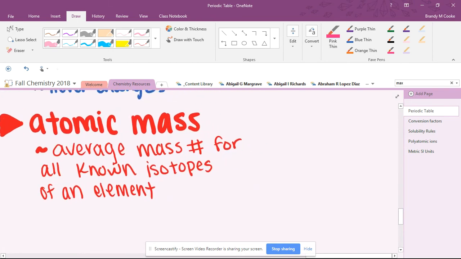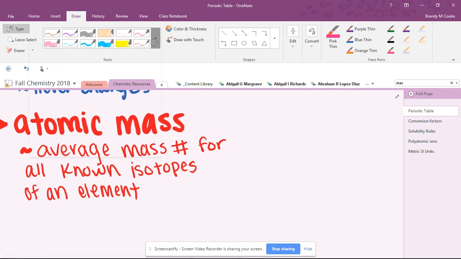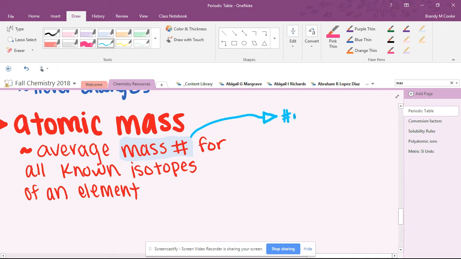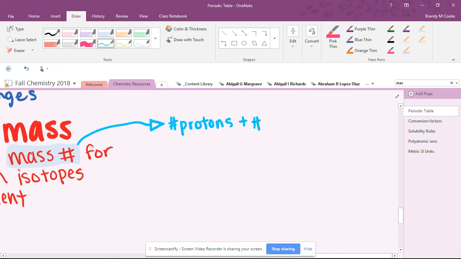Okay, so there's a couple pieces here. The first piece that we see is this mass number, and I said that you guys think you know what atomic mass is, but really I'd bet you're thinking of mass number. So the mass number is the number of protons plus the number of neutrons.